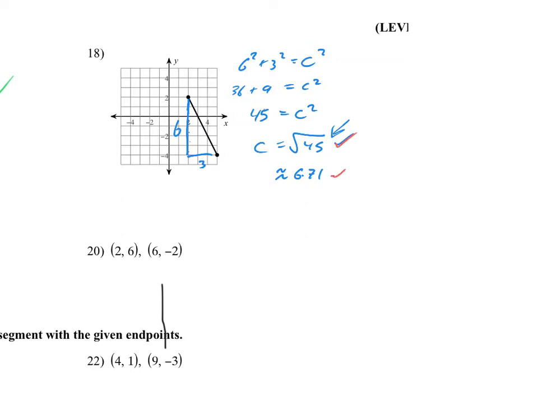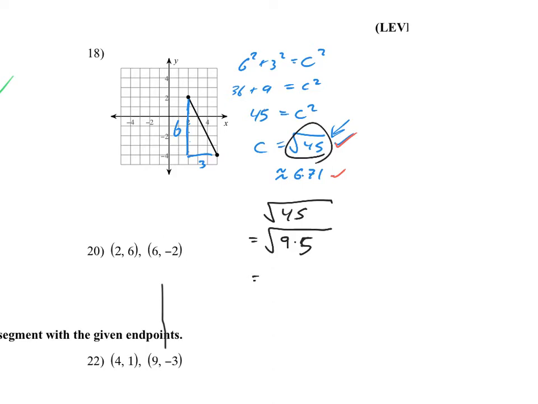Ka-ching, ka-ching. If you're a true math nerd, you're going to take this and do this trick. You'll say root 45 is really, we're going to simplify the radical, we're going to turn this into a multiplication involving the largest perfect square. So 9 and 5, right? 9 times 5 is 45.